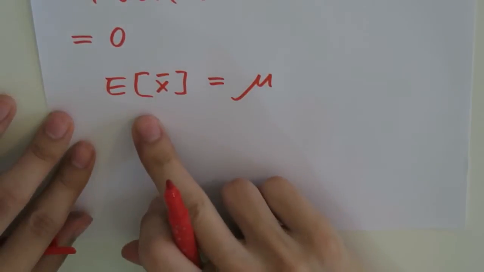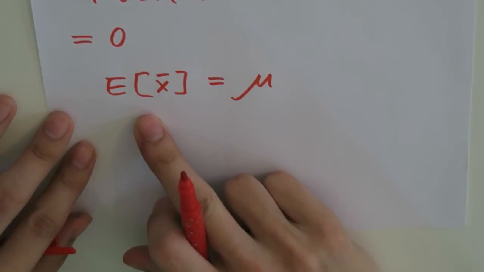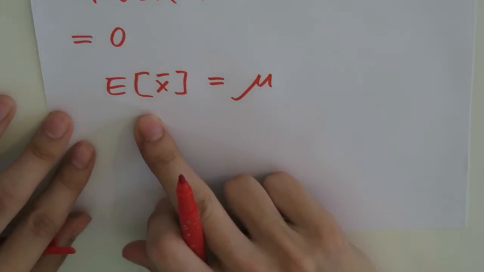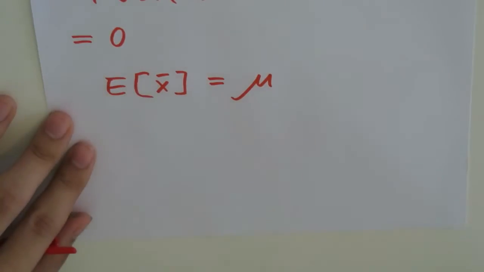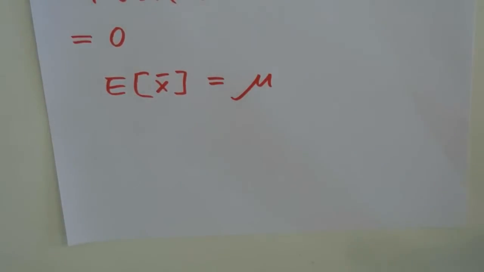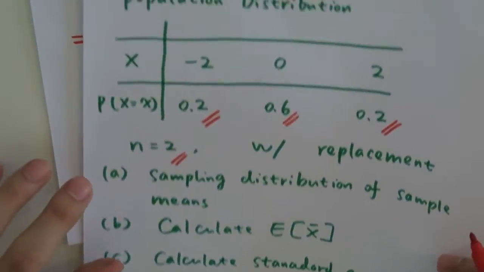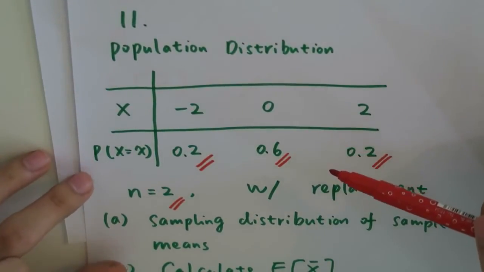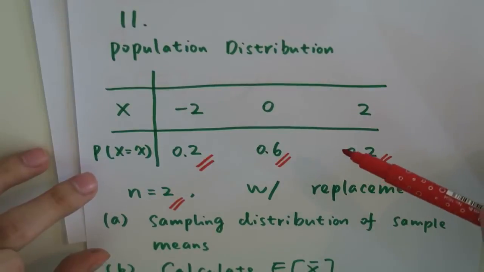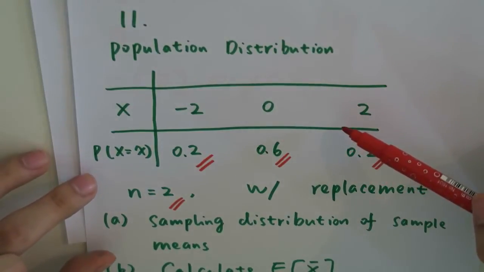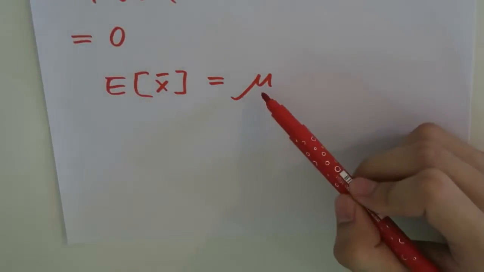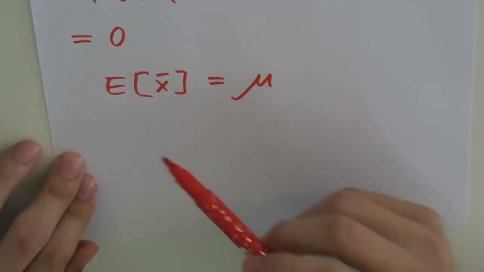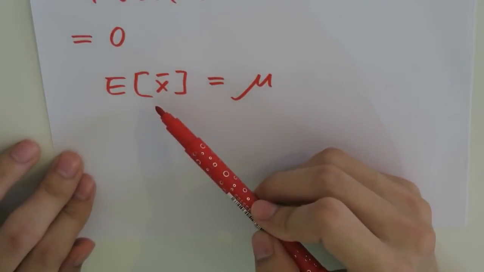The expected value of sample mean is equal to the population mean. And in the question, we are given a table. Remember that this is a population distribution. That means if we can calculate the mean of this population distribution, that is actually mu, it is just equal to the value we are looking for.